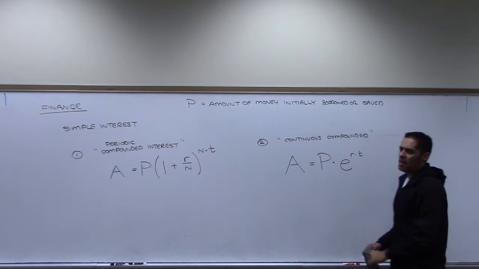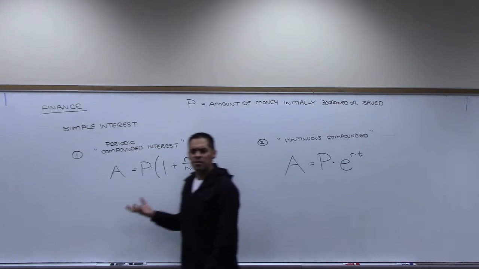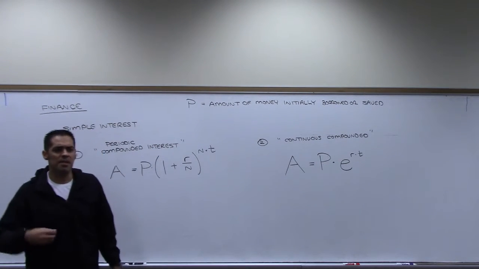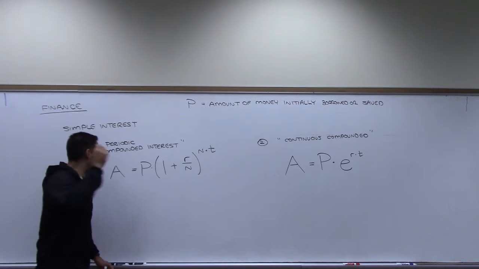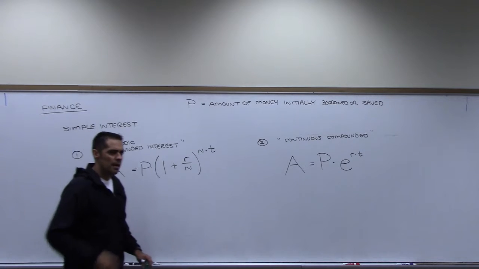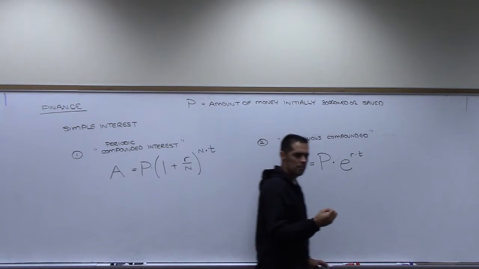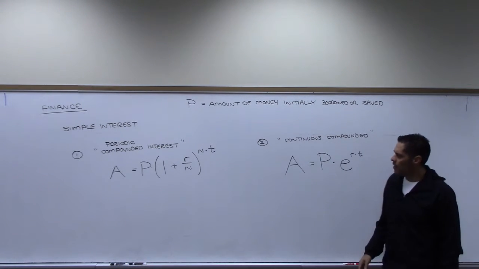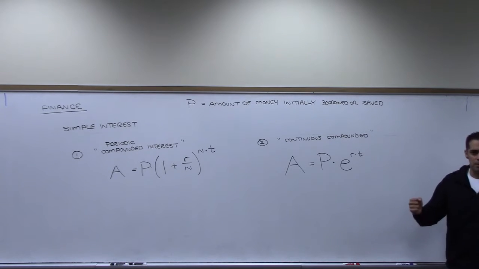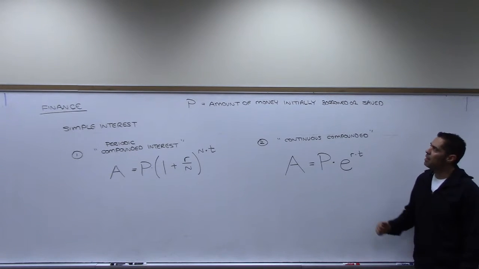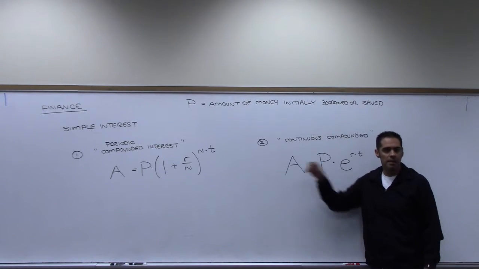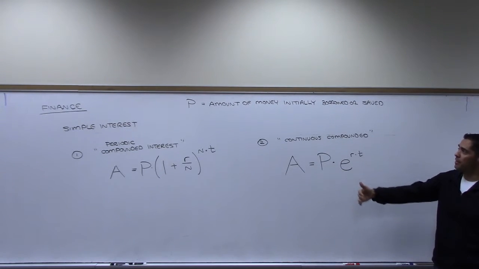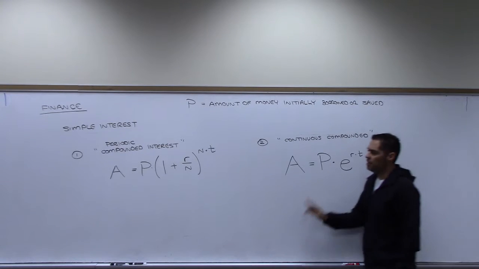Now the technical name for P is principal. The principal is the initial amount. So when you go and you charge on that credit card the first time, that $500 LCD TV you just bought, that's your principal. The initial amount of money that you borrowed, or the other guy who puts the money in the bank, that's how much he saved or invested. So that's what P is here, and that's what P is here.